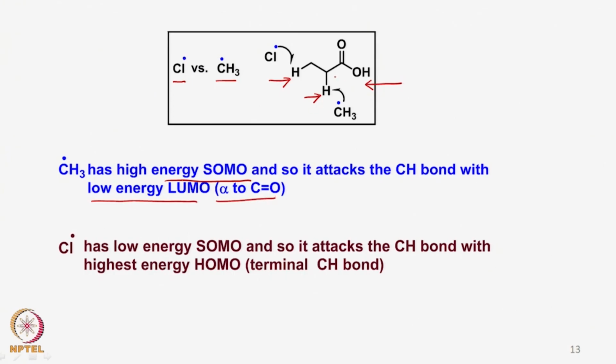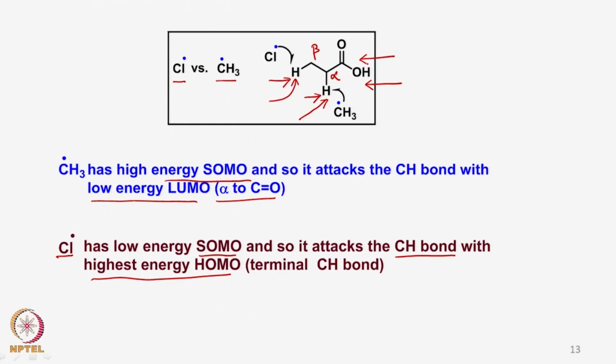So you have this is the alpha position and this is the beta position. This particular CH bond will be of low energy LUMO, and therefore the methyl radical reacts there. On the other hand, Cl dot will have a low energy SOMO, and so it attacks the CH bond with highest energy of HOMO, which is this particular CH bond, which is away from the carboxylic acid.